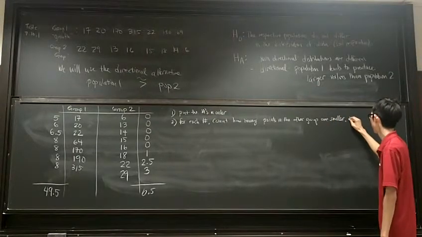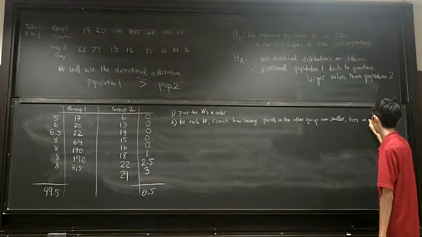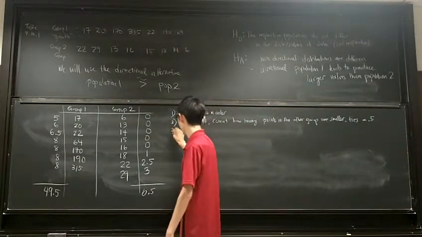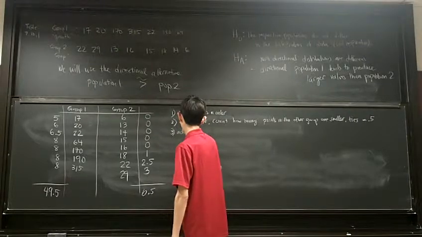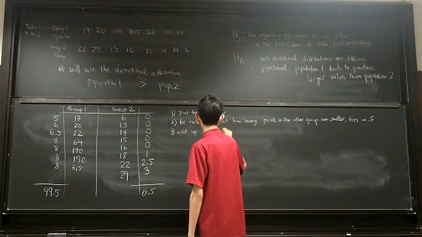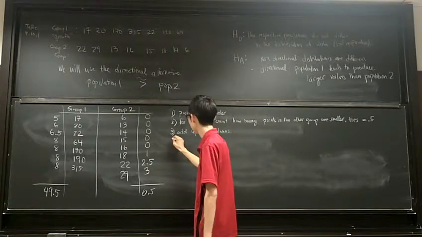Okay? Ties equal 1/2. And then add up those columns. Okay?